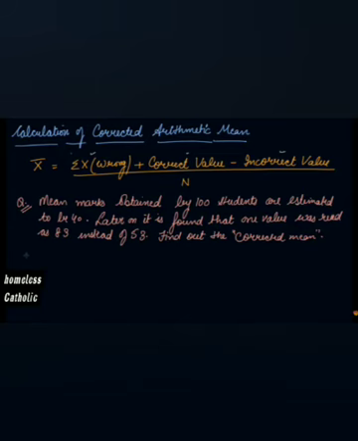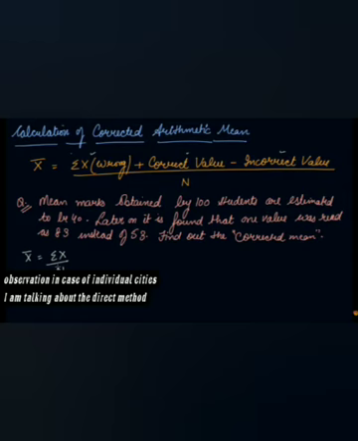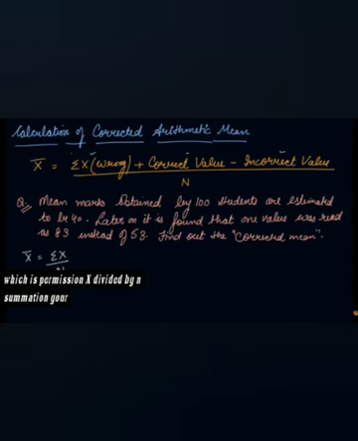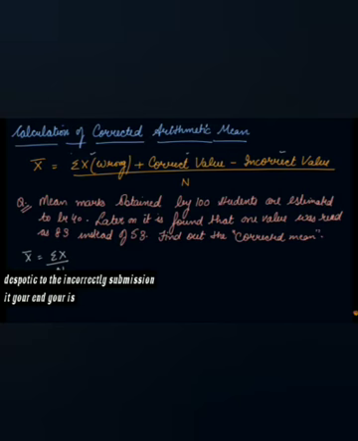Your formula to calculate mean was x bar equal to summation x divided by number of observations, in case of individual series, the direct method. The mean you calculated is 40, which is the incorrect mean. Your n is 100 because the number of students is 100.